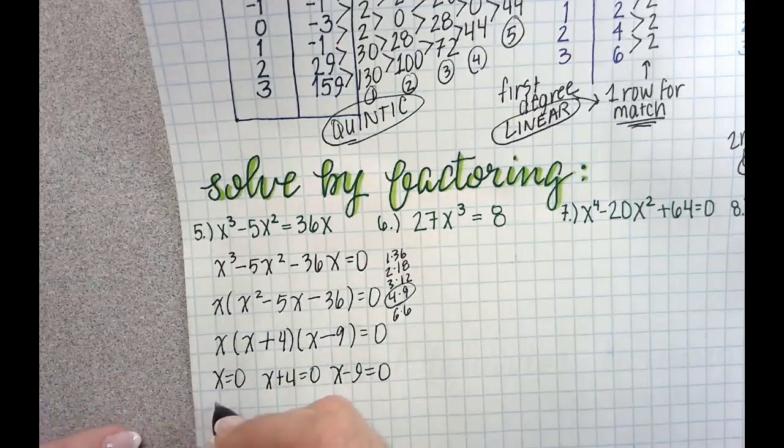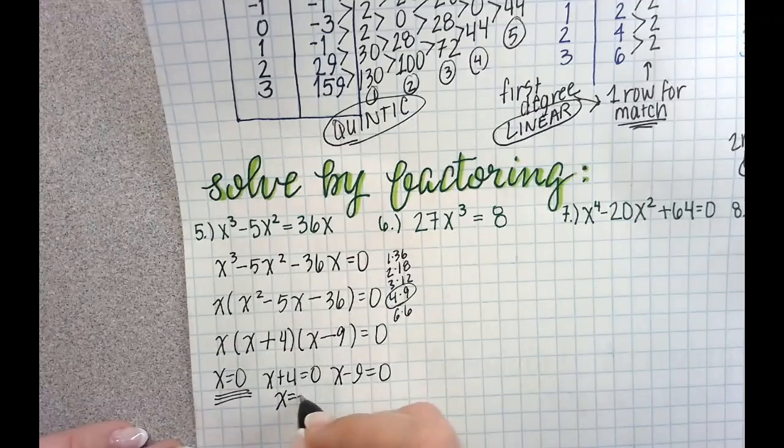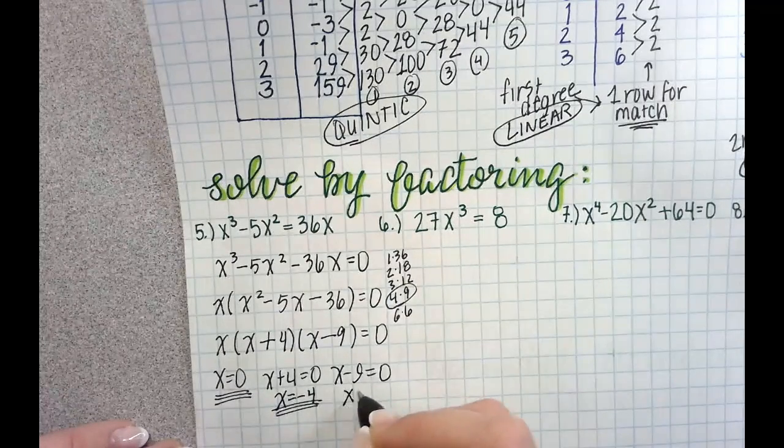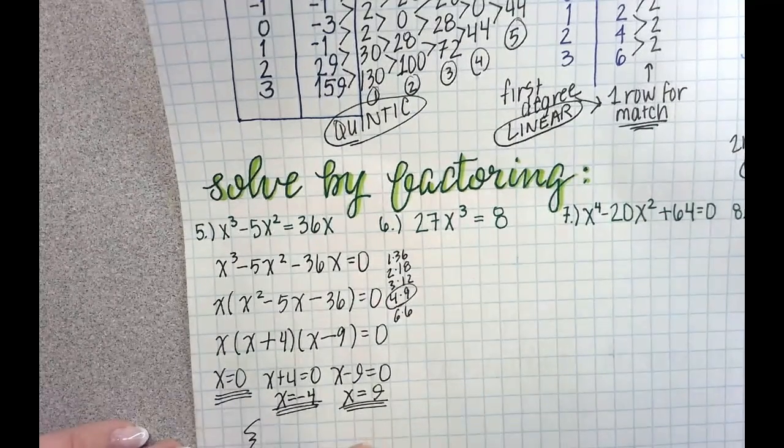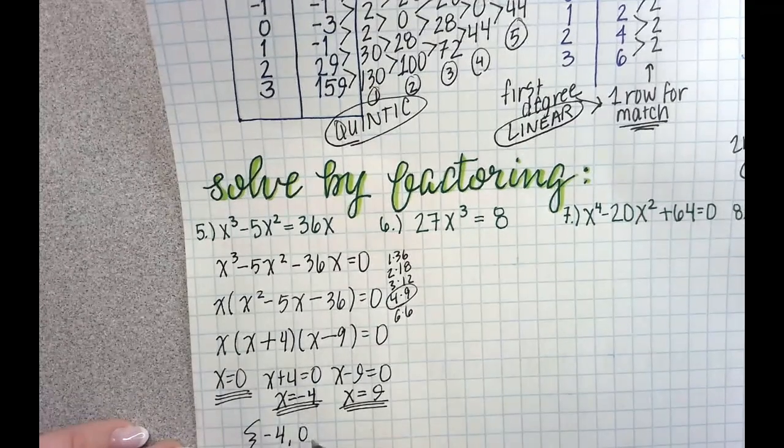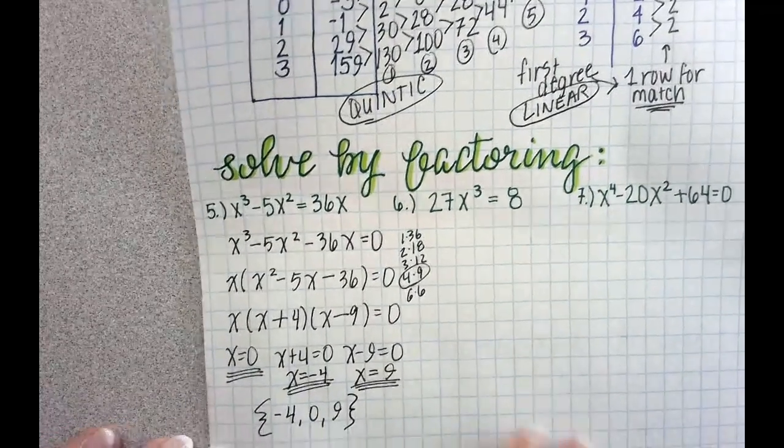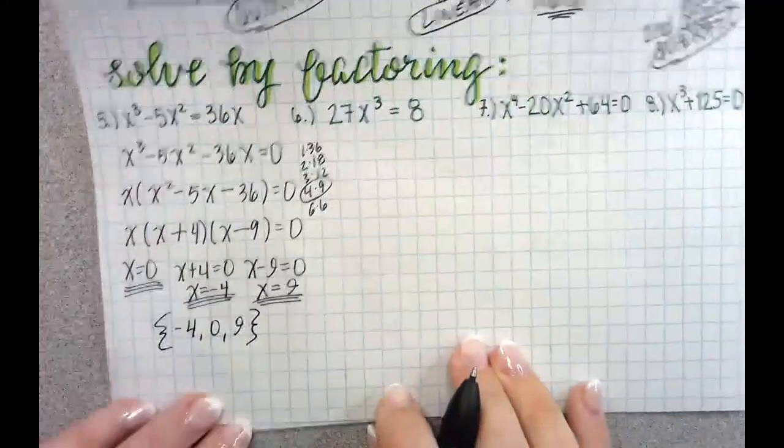Solve by factoring. We're using zero product property. That's done. You can write the answers like this if you want. -4, 0, 9. And you're good. Next.